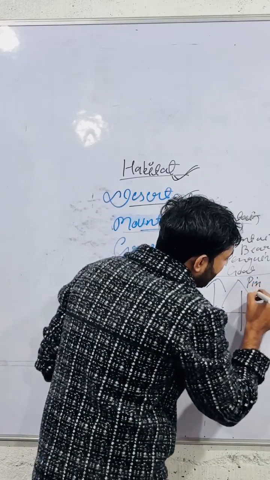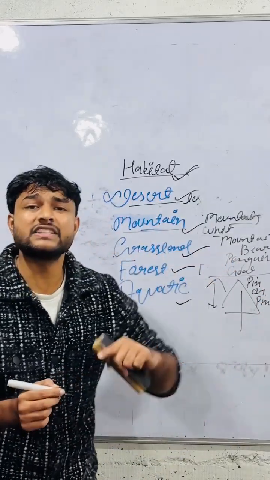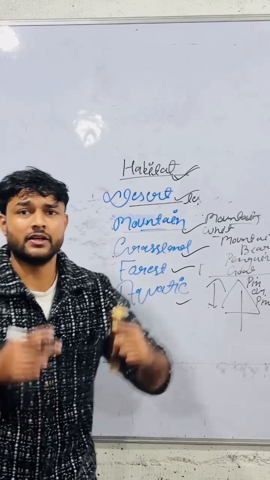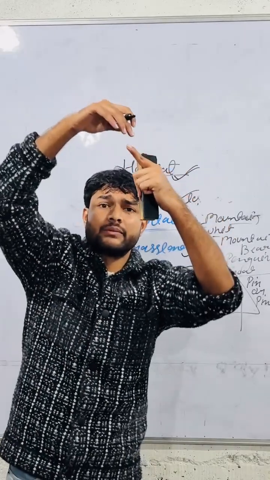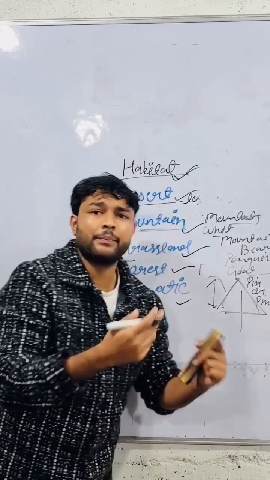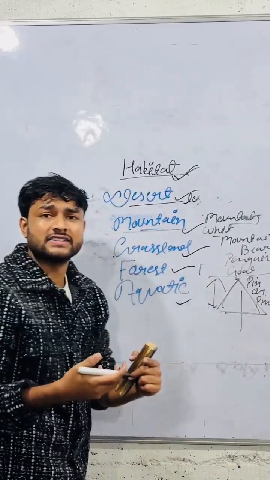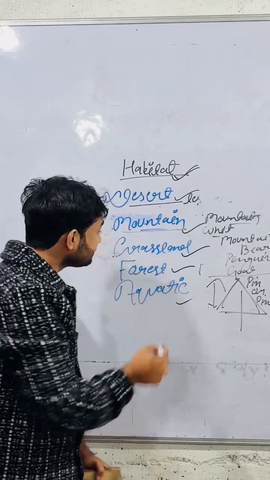Pine is also known as the Pinus plant, or Christmas plant. The coniferous plant has a tip at the top, and after that a slope-like structure appears. So these come under the mountain type of plants.